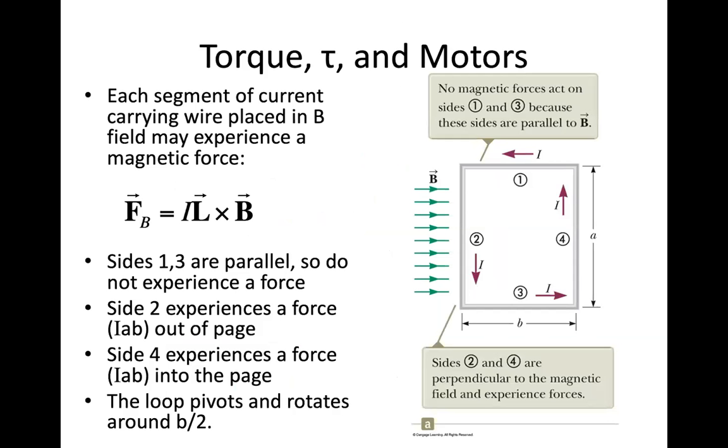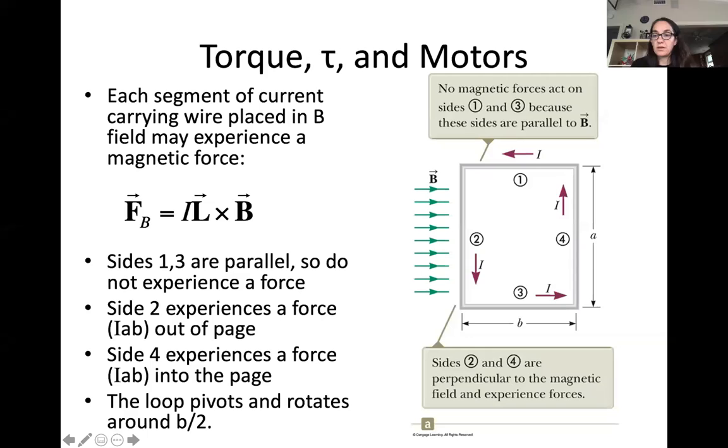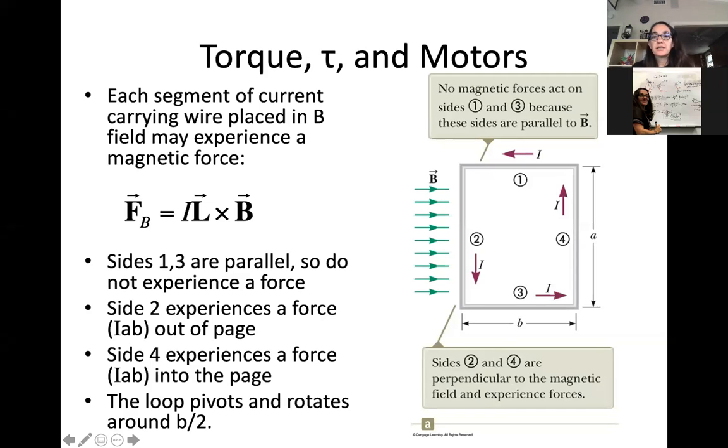So that leads us right into torque. I can have forces pushing on these loops in such a way that one side is pushed in, one side is pushed out, and it rotates. Wait, this is actually really cool. What we're saying is I can have a loop of wire.